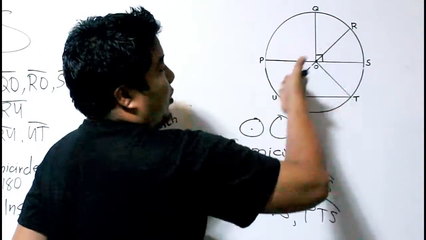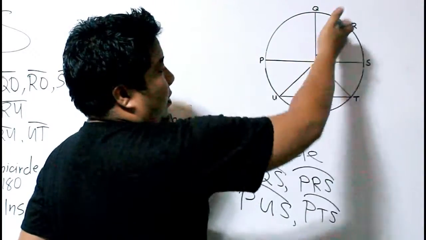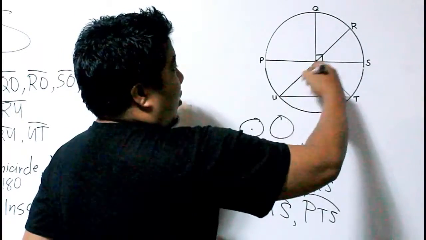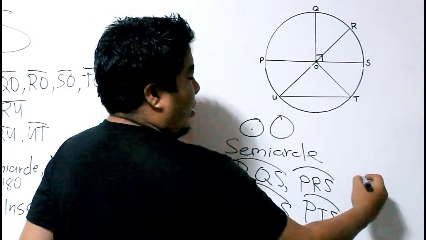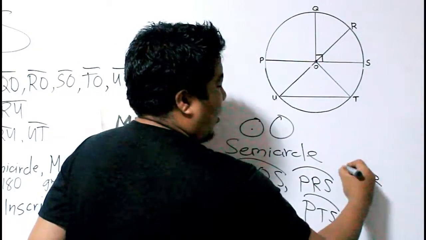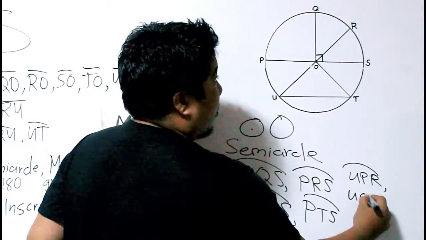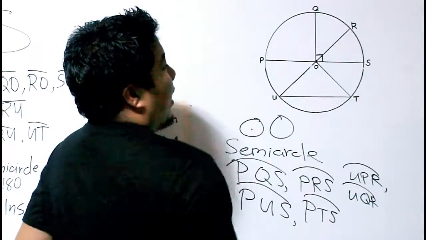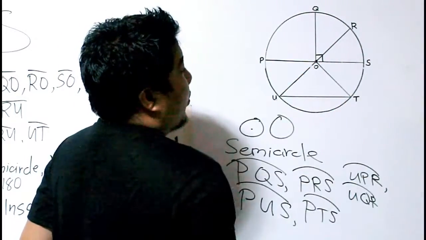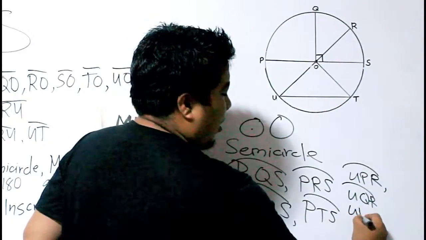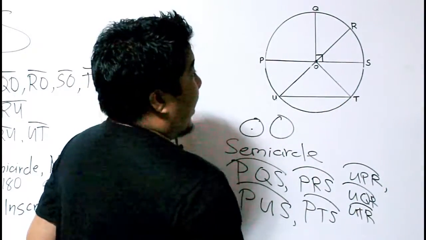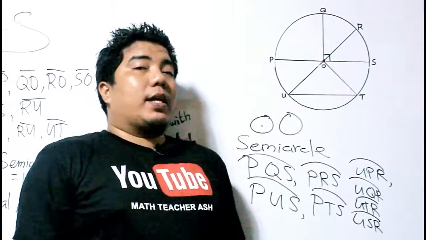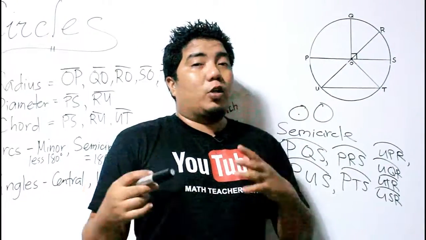Of course, if this is your basis, another way to put the semicircle is UPR, UQR, and on the other side, we have UTR and USR.